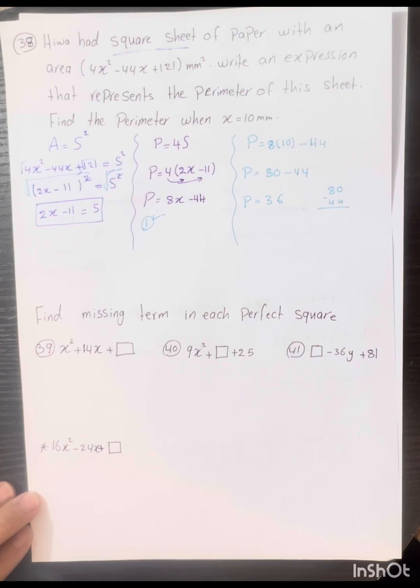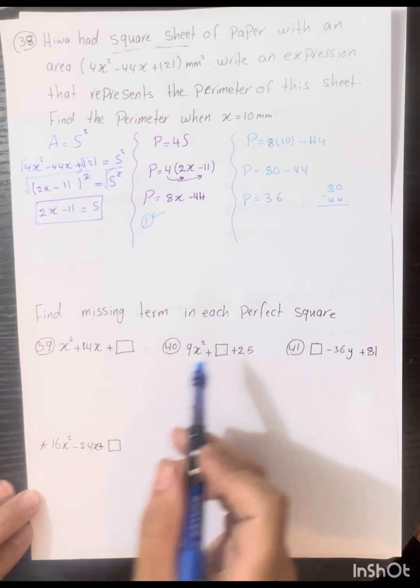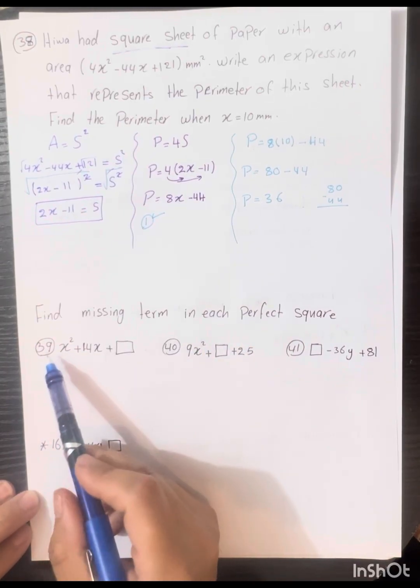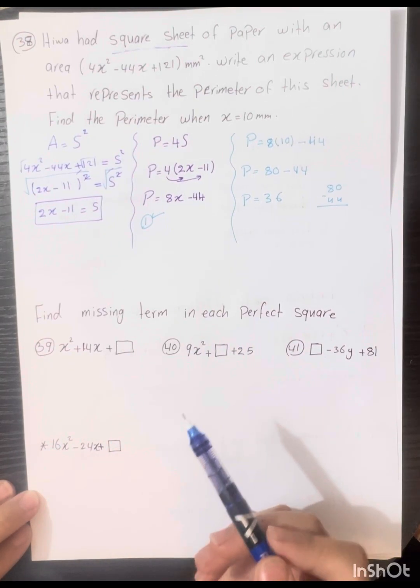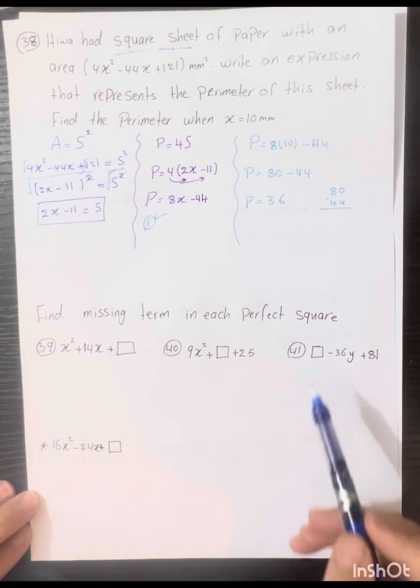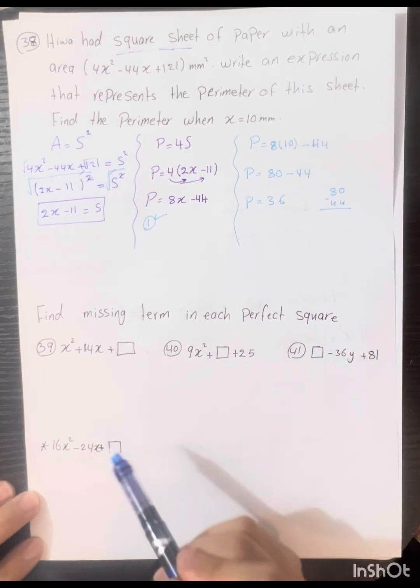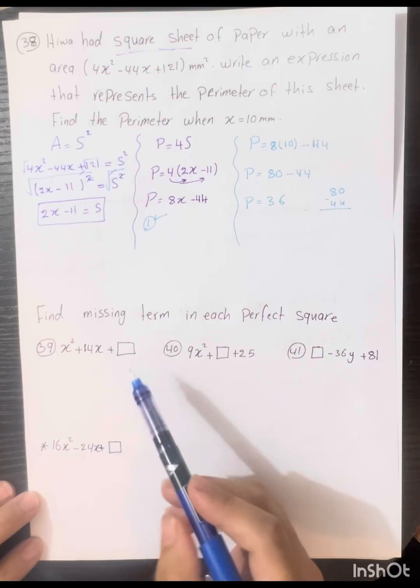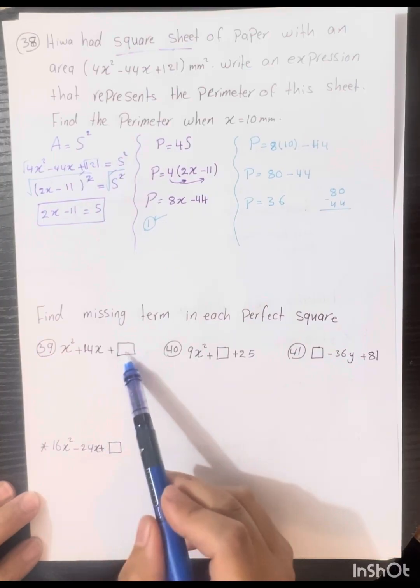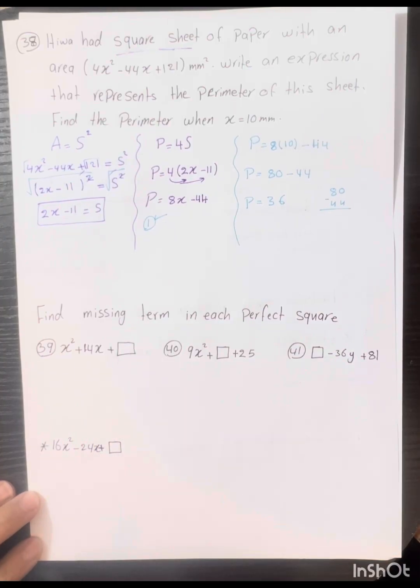We have some questions about finding the missing term. As you see in the first question, the last term is missing, the middle term is missing, and the first term is missing. We have two types of last term missing, this type and this question.